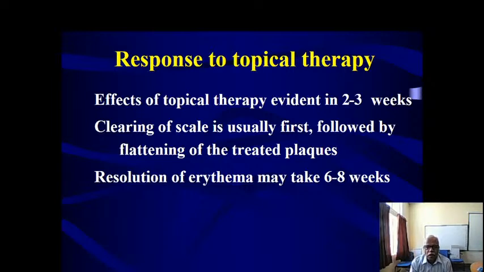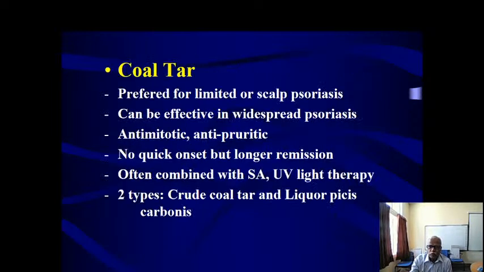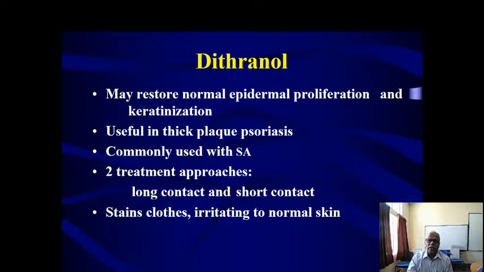These topical emollients, moisturizers and topical steroids may be continued till their acute symptoms are relieved. Coal tar, of course, is a messy treatment, we are not using it because it stains the clothes. So old treatments are coal tar and dithranol. Dithranol causes irritant dermatitis, that is the reason we don't use it.